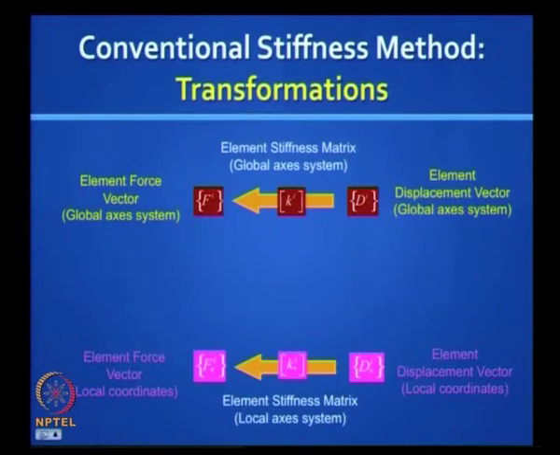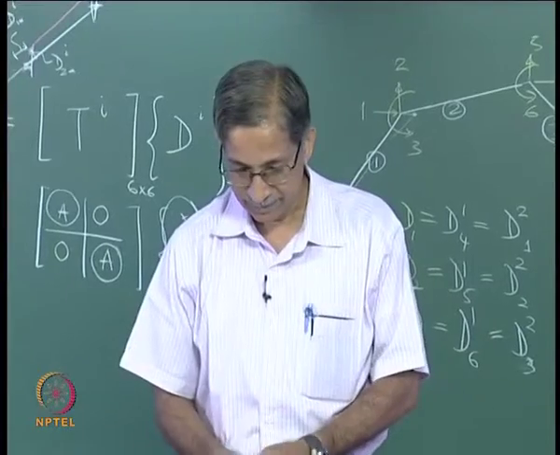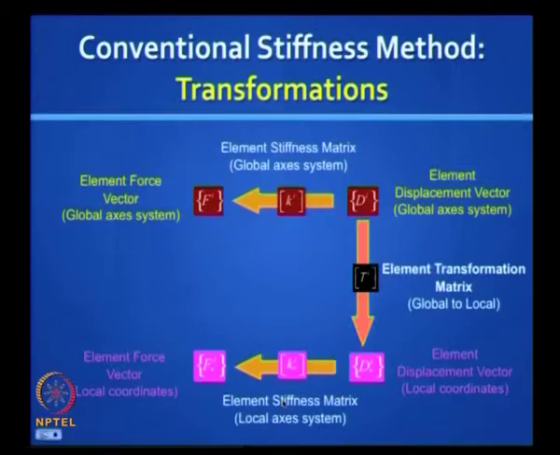This is the element stiffness matrix in the global axis system, this is the element stiffness in the local axis system. Is it clear? Then what is the other relationship I have? I have this relationship from global axis system using my element transformation matrix, I get the element displacement vector, right.